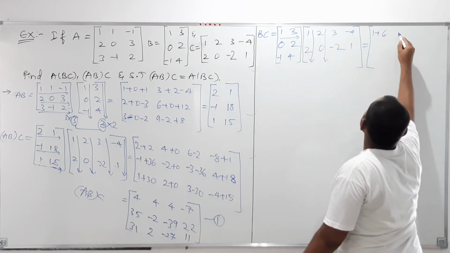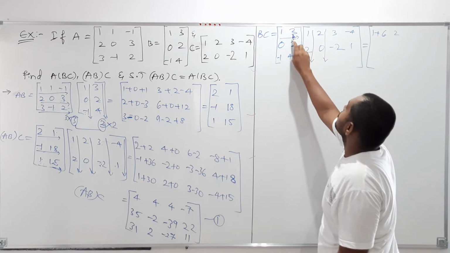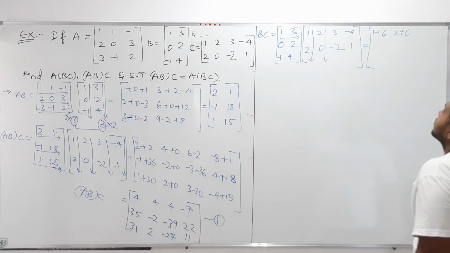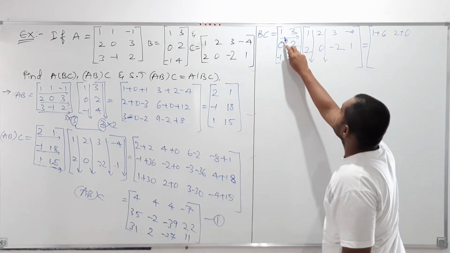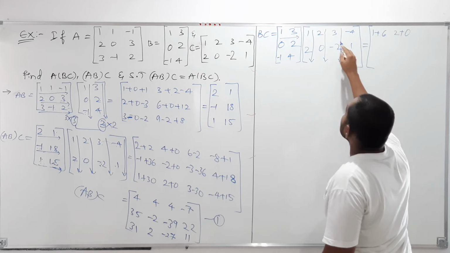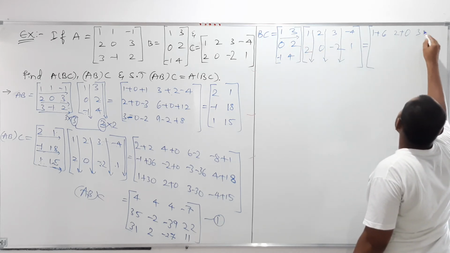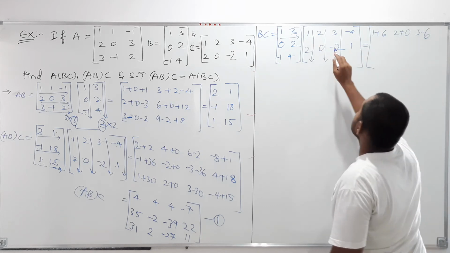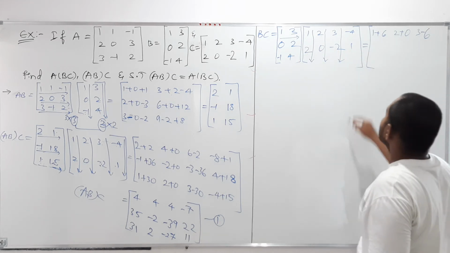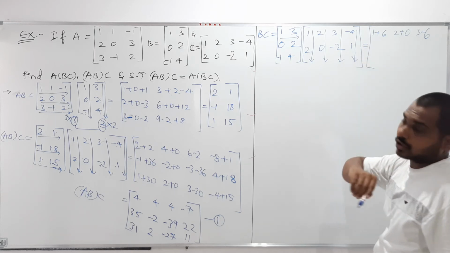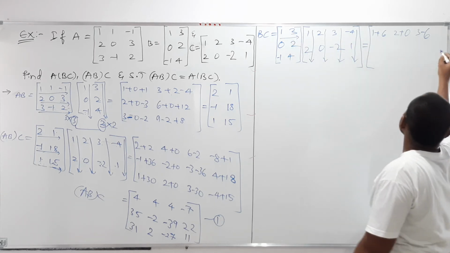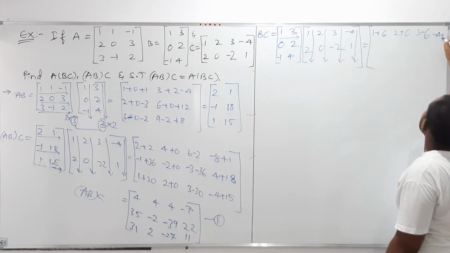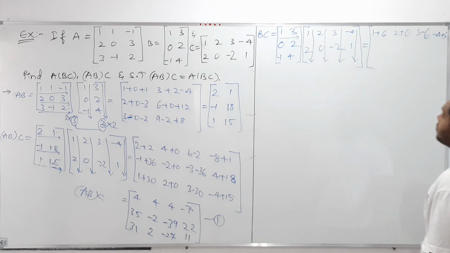So 1 into 2 is 2, plus 3 into 0 is 0. Clear? Next, my dear students, first row, third column. 1 into 3 is 3, next plus minus minus 3 to the 6. Next, my dear students, first row, fourth column. So 1 into minus 4, and next plus plus plus, here it is 3. Clear?